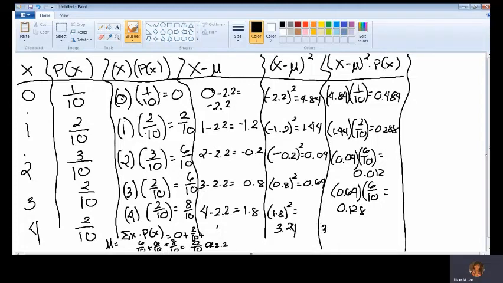Last, 3.24 times 2 over 10 is equal to 0.648.